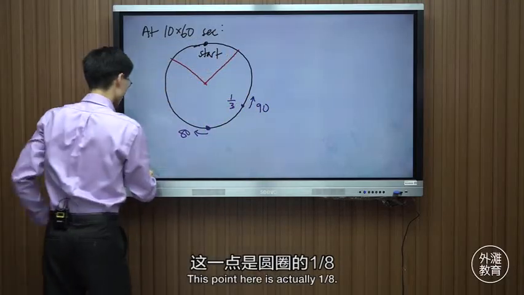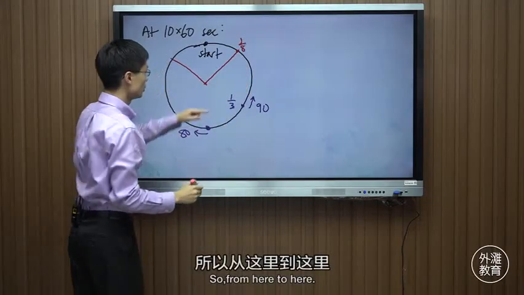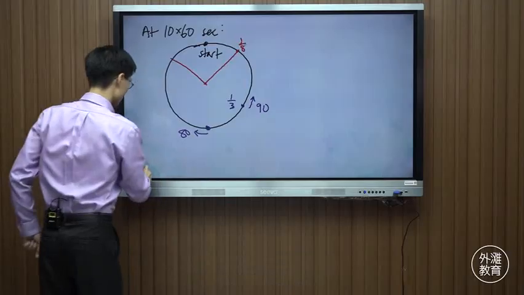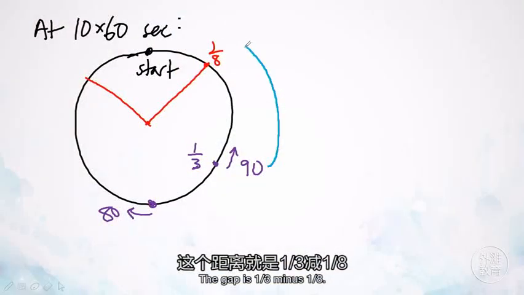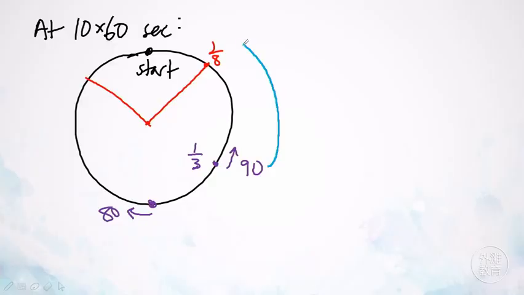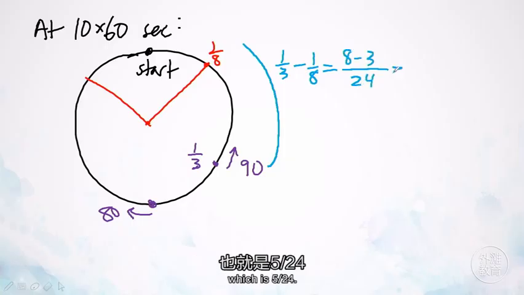This point here is actually at 1/8. So from here to here, the gap is 1/3 minus 1/8, which is over 24, 8 minus 3, which is 5 divided by 24.